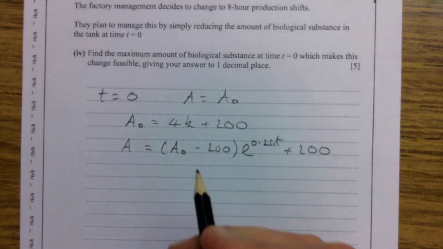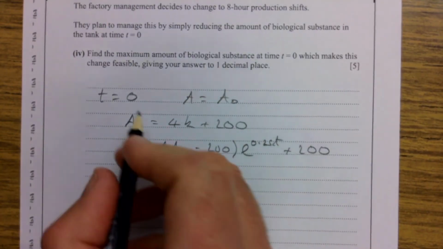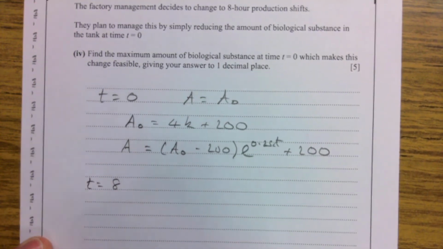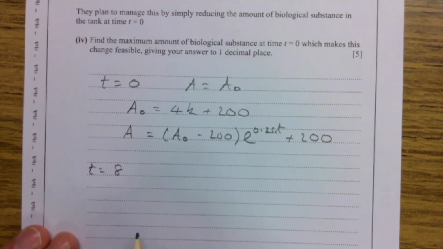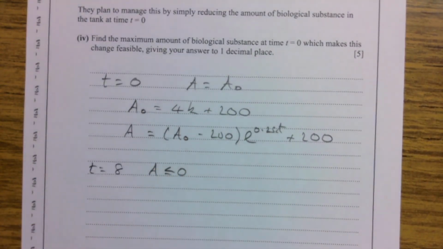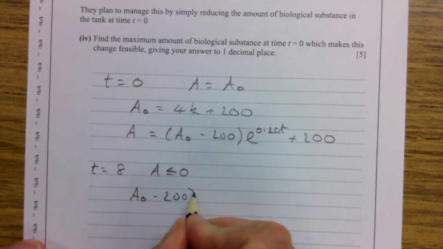So as you can see, this is us taking into account our A0, then going down to there. So they're saying to change it to an 8-hour shift. So that means whenever t equals 8, they want A to be down at 0. So they've gone less than or equal to 0. So that means substituting it into this, we're going to get A0 take away 200.